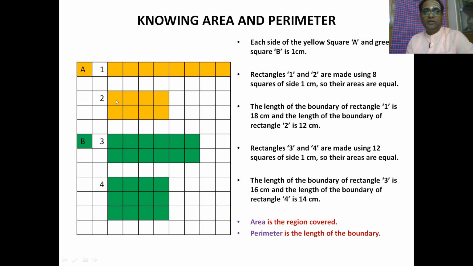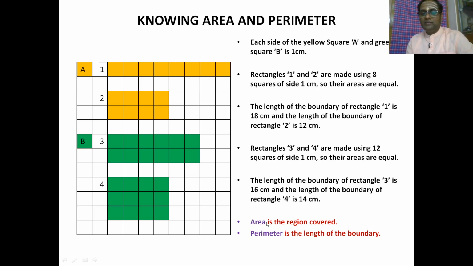Now coming to rectangle 2, this is again a yellow rectangle. You can count the number of the squares used: 1, 2, 3, 4, 5, 6, 7, 8. Again, the area here is 8 square centimeters.